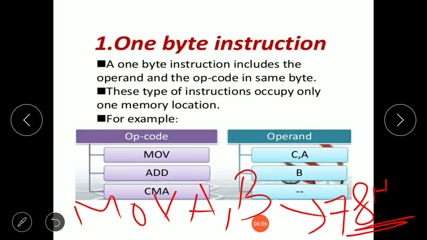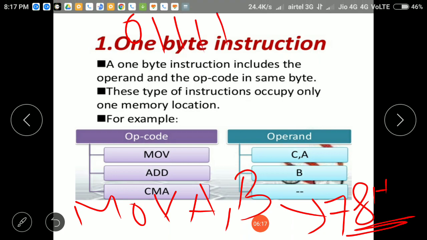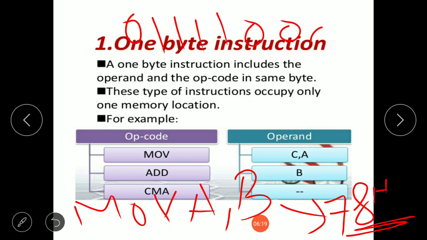Let me be more clear. This opcode 78H can be written in binary form as 0, 1, 1, 1, 1, 0, 0, 0. So the first 2 bits of this 8-bit binary number are for the MOV operation.